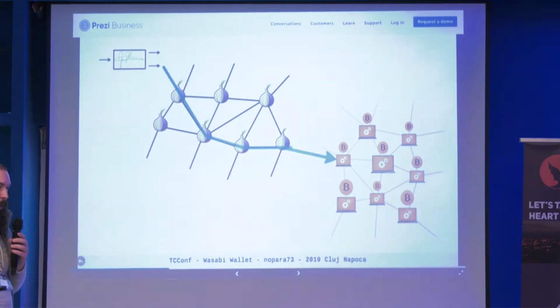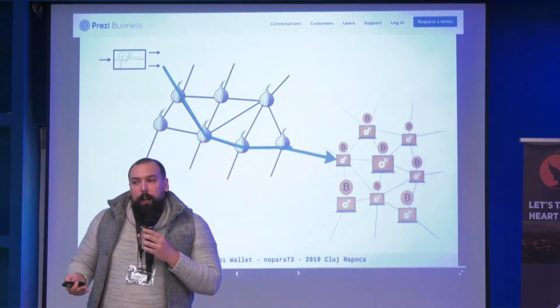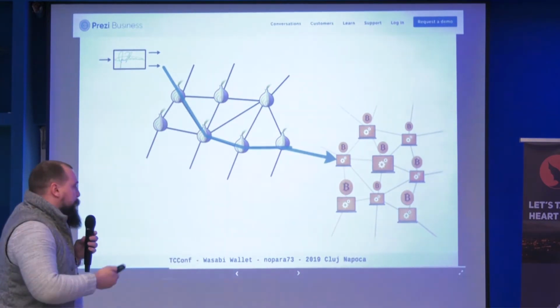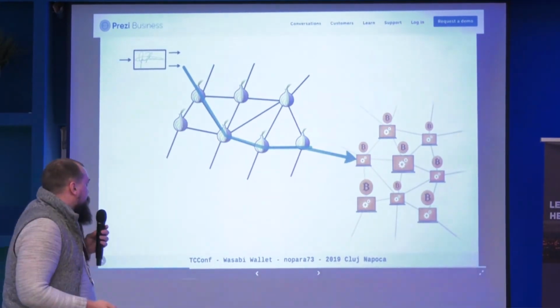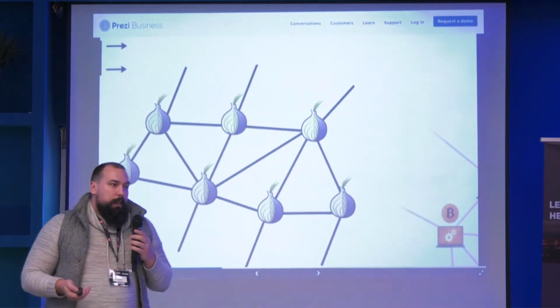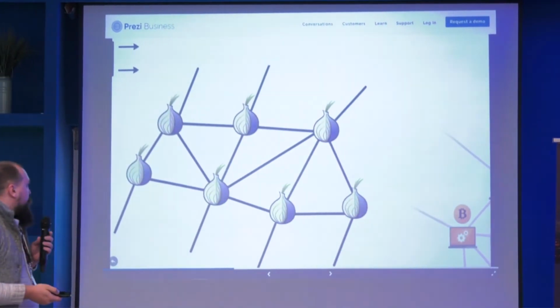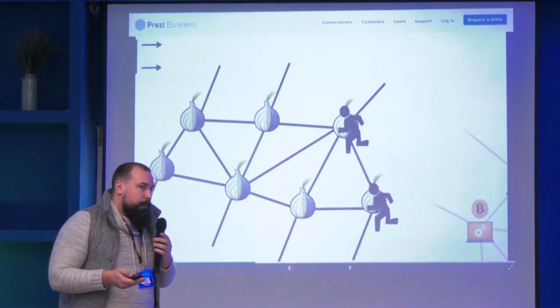And now we are happy. It's completely private, but there can be some more nitpicking, and we can improve on this more, because we are using the Tor network in a way that uses Tor exit nodes.